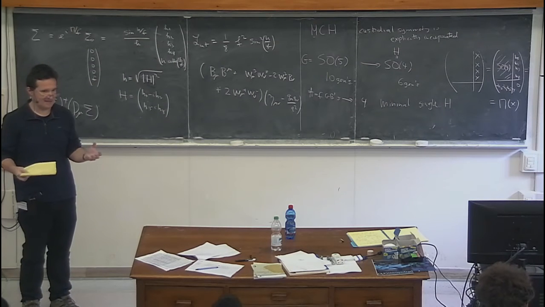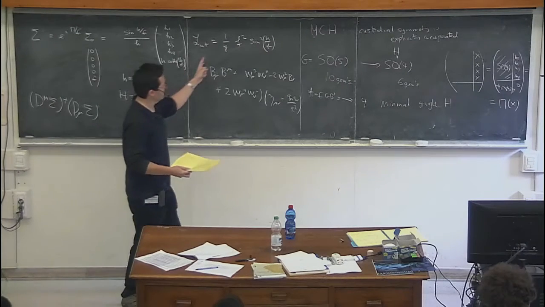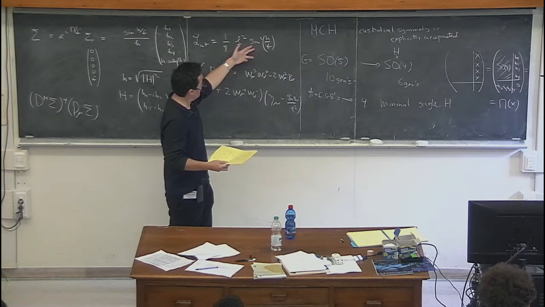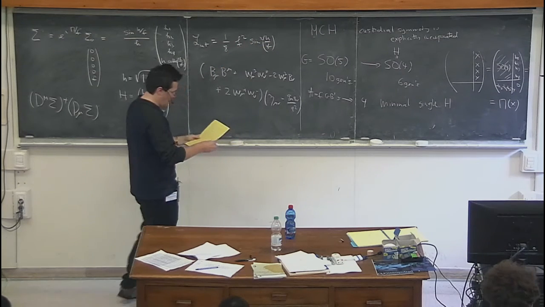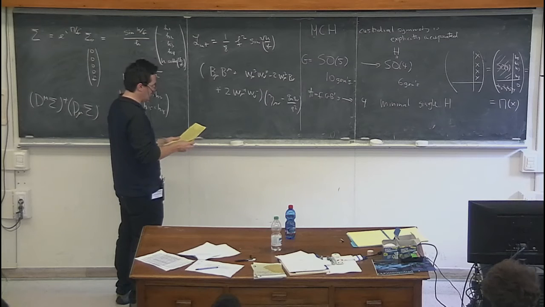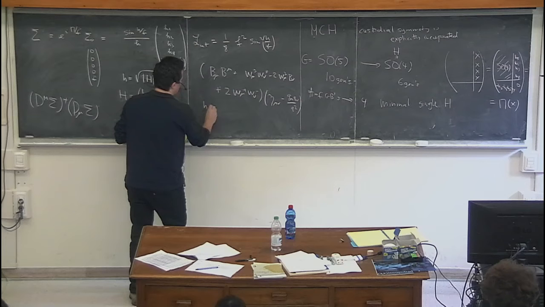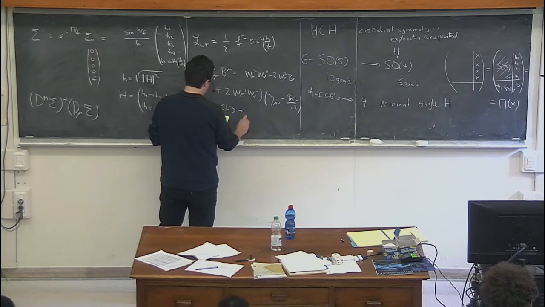How will I see that in experiments? Well, actually, this is a nice place to see it, because from these interactions, what you will find is, take this field and expand it in terms of the VEV and the fluctuations around it. So right now H is the VEV of H plus some fluctuations.